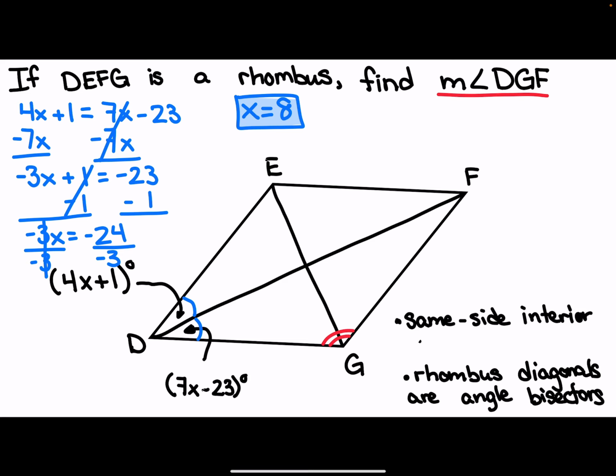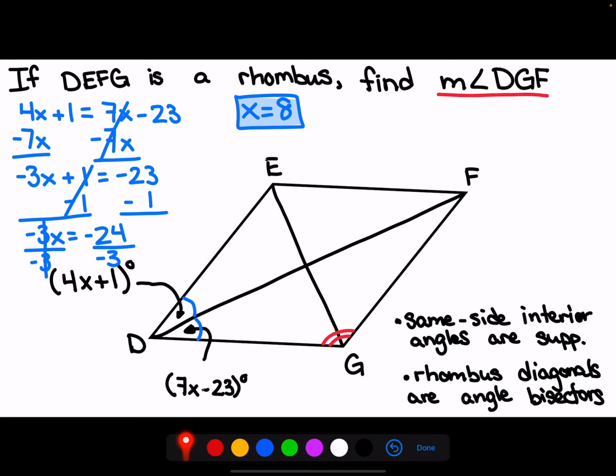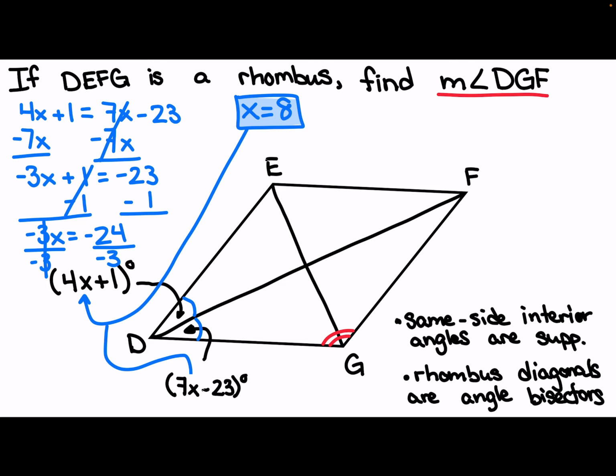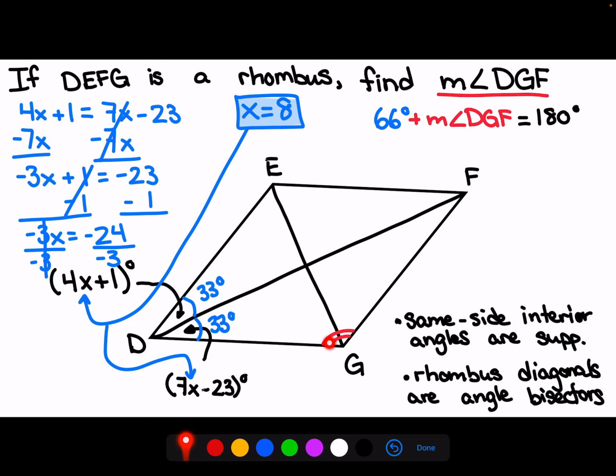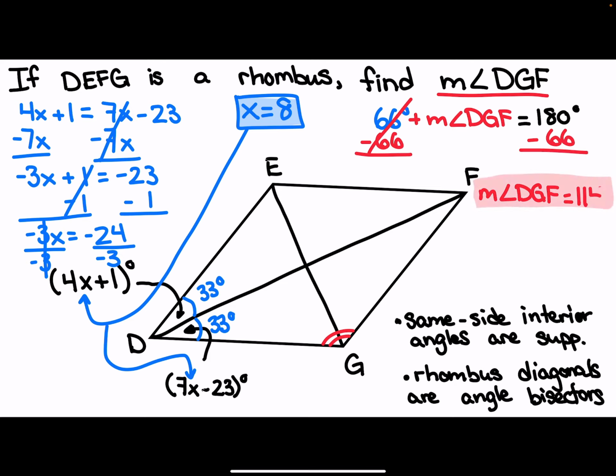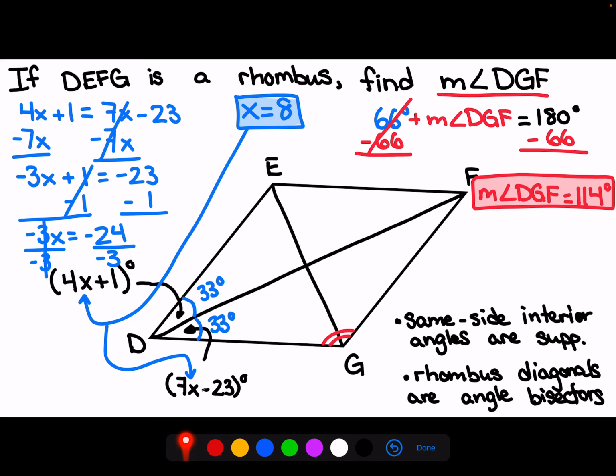Since both angles are 33, we can say 66, because 33 plus 33 will give me 66, plus the measure of angle DGF, this angle that we're trying to find, is equal to 180 degrees. Solving for angle DGF, we'd subtract 66 from both sides, giving us DGF is equal to 114 degrees.